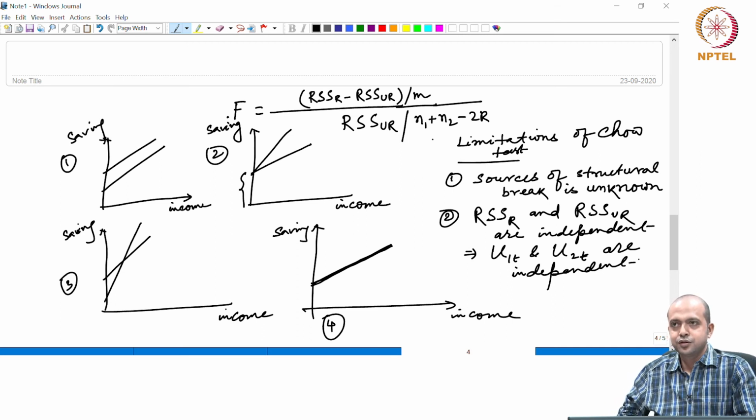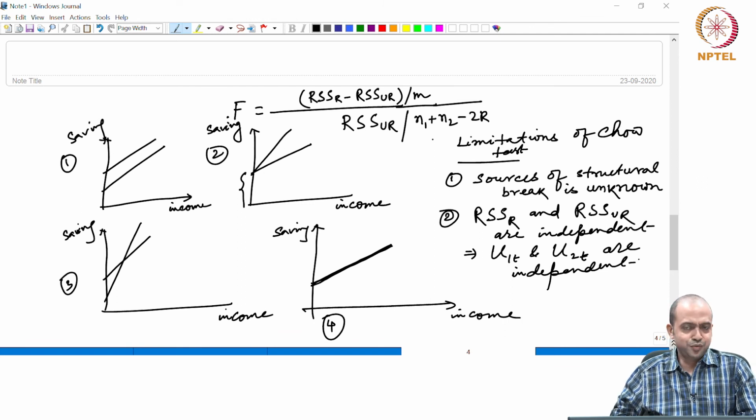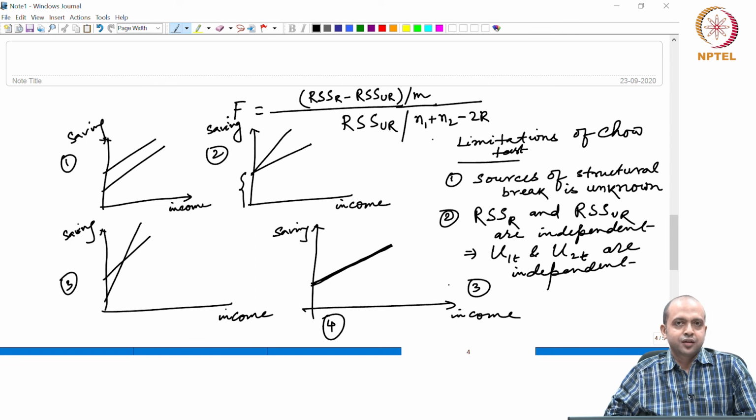There is another limitation. See, how are we dividing the sample in this data? We are imposing the structural break in 2008 because we know that the financial crisis happened in 2008. So, we assume that is the point of break.